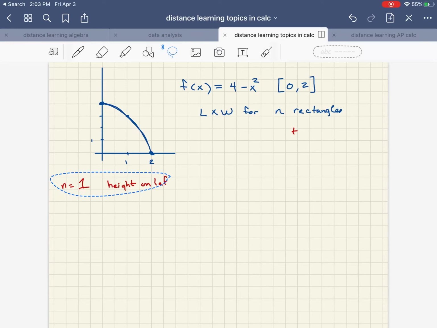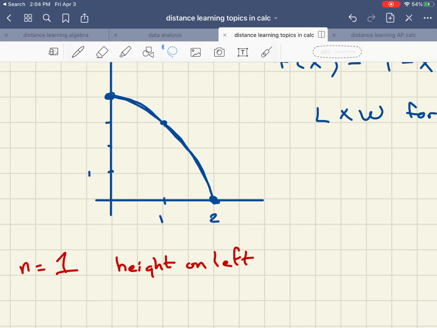So I'm going to do this down here. Let's just do it on the left. If I made the height of this rectangle on the left of this interval from 0 to 2, here's my rectangle. The height would be on the left here, and the rectangle would look like this.